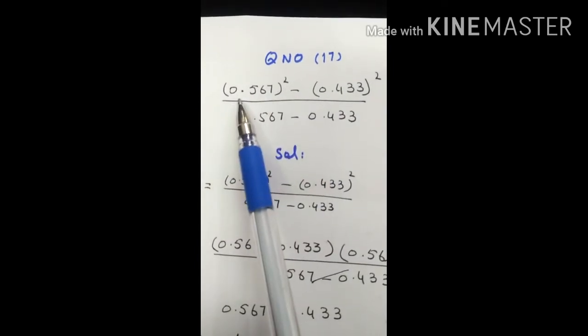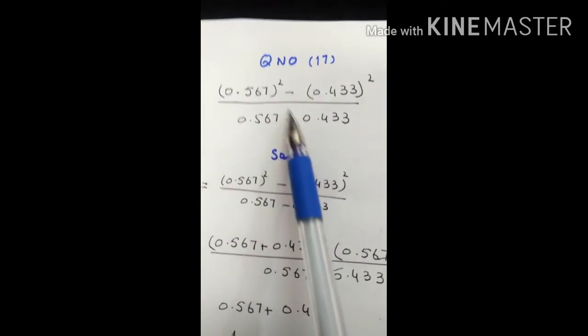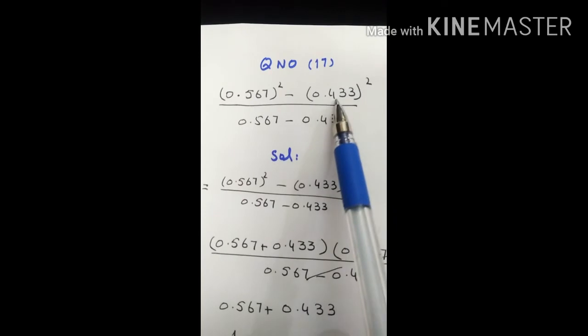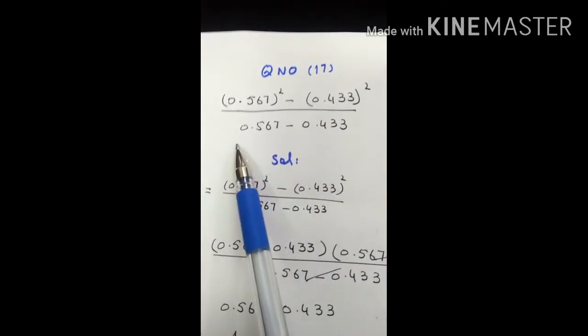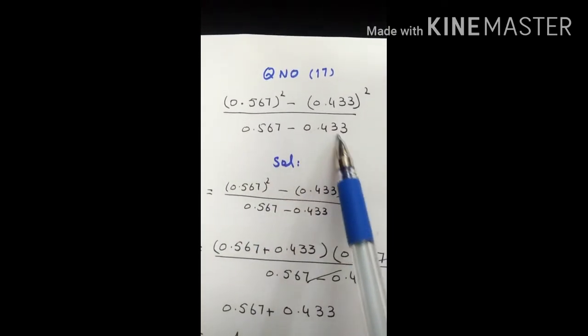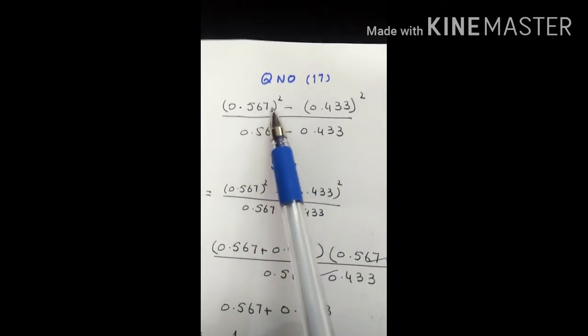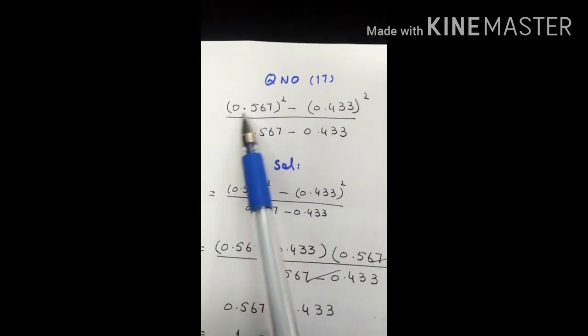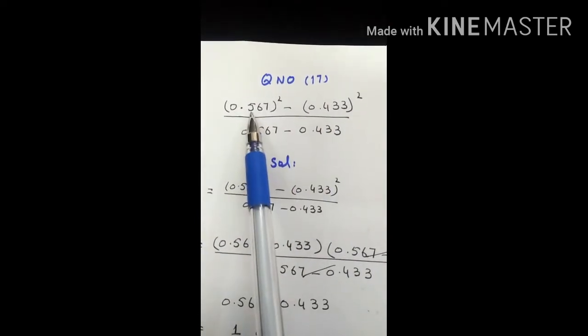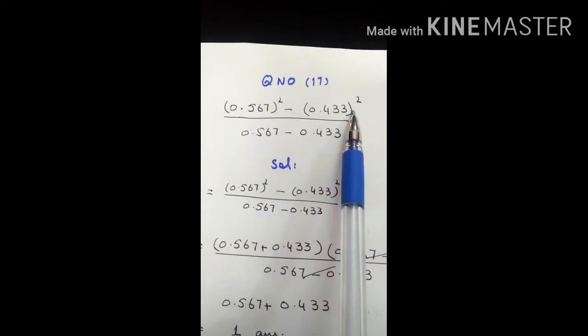Just see question number 17. 0.567 square minus 0.433 square over 0.567 minus 0.433. This is a simple value. Just see these two values. This is as a whole a square, minus this as a whole b square. We can write it as a plus b and a minus b.